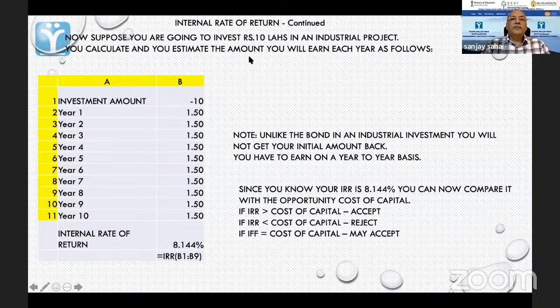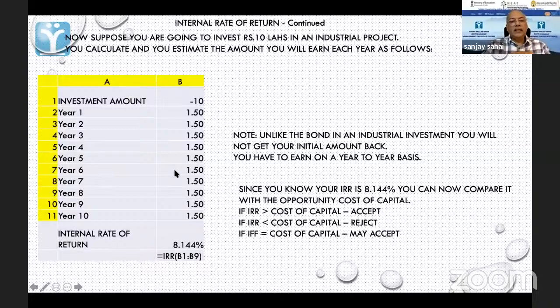Now, here's another one. You wanted to invest 10 lakhs in an industrial project. You calculate and you estimate the amount we'll earn each year as follows. So in year 0, I am investing 10, and from years 1 through 10, I am getting 1.5 lakhs each year.